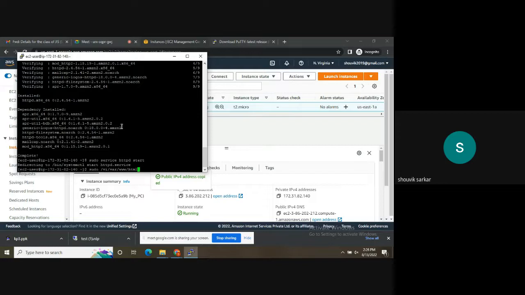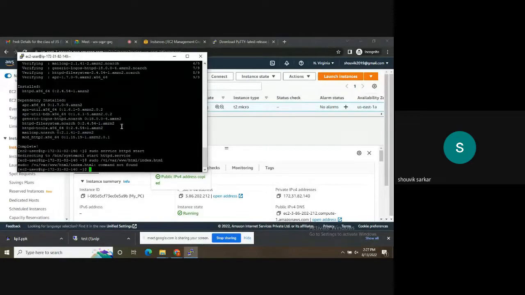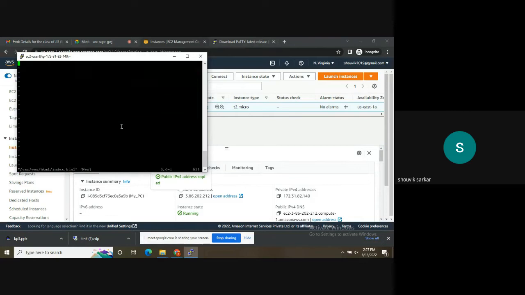We want to create the page index.html here. So the vi window will appear.